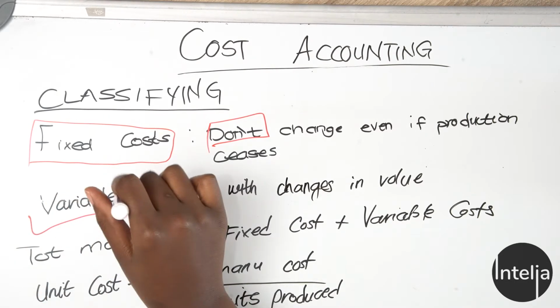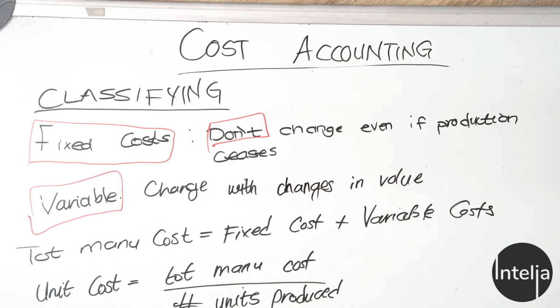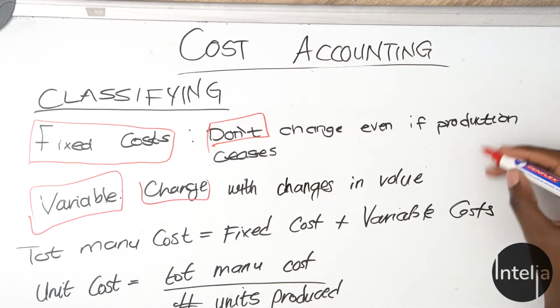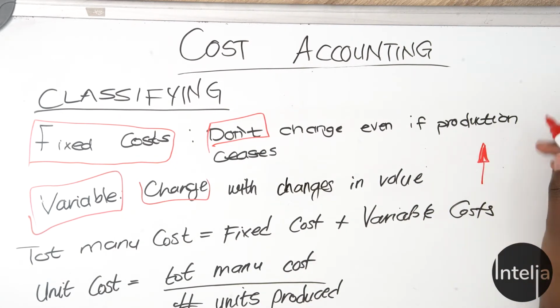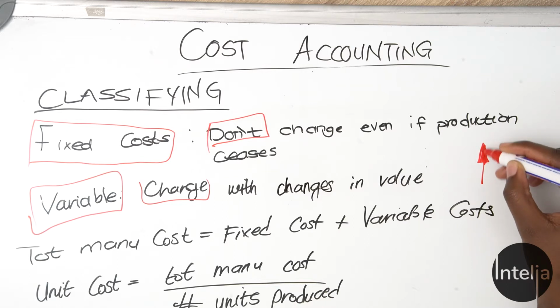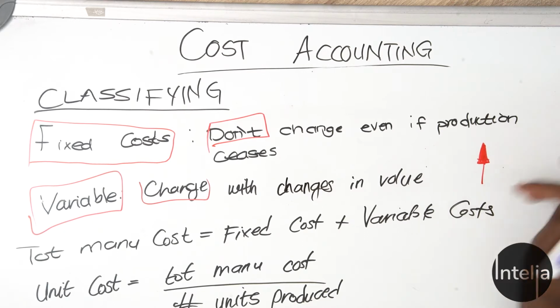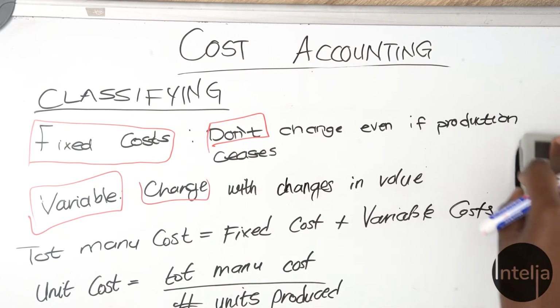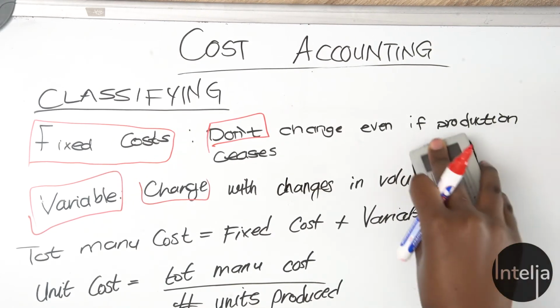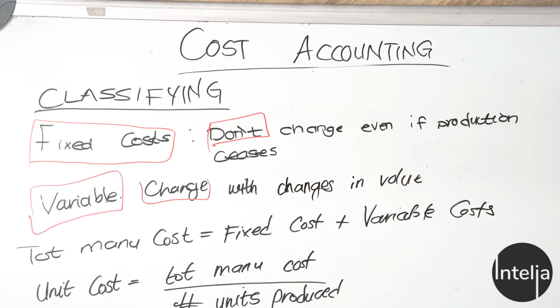Then variable costs. Variable costs change with changes in volume. First we were saying that no matter whether we manufacture 90 products or don't manufacture any products at all, we're still going to need to pay that specific cost. But a variable cost is a cost that we incur upon operation, and it is directly proportional to the number of units.